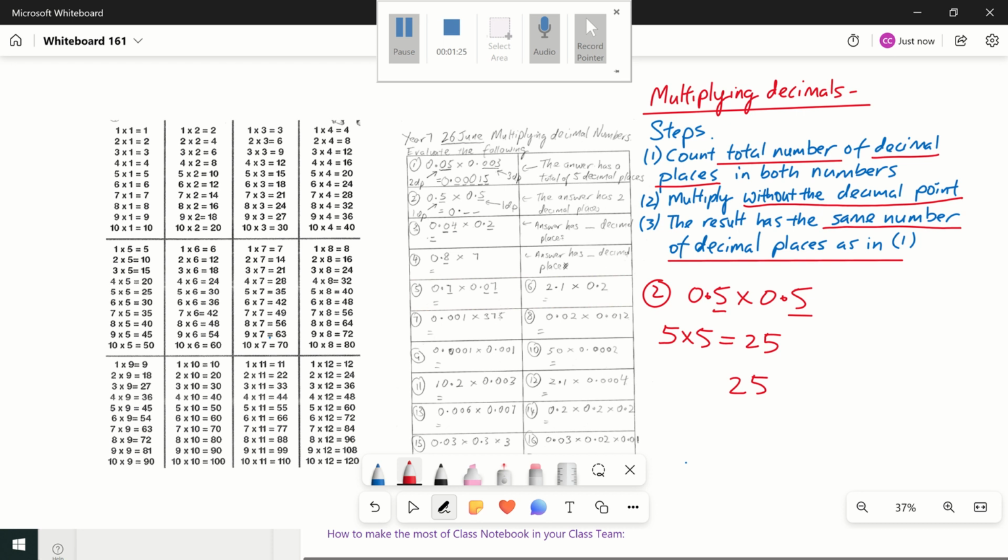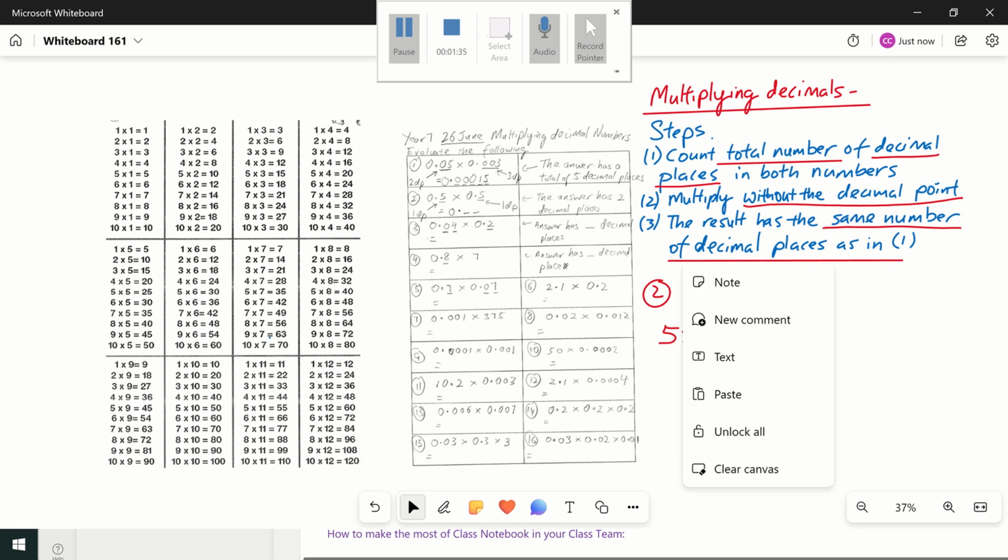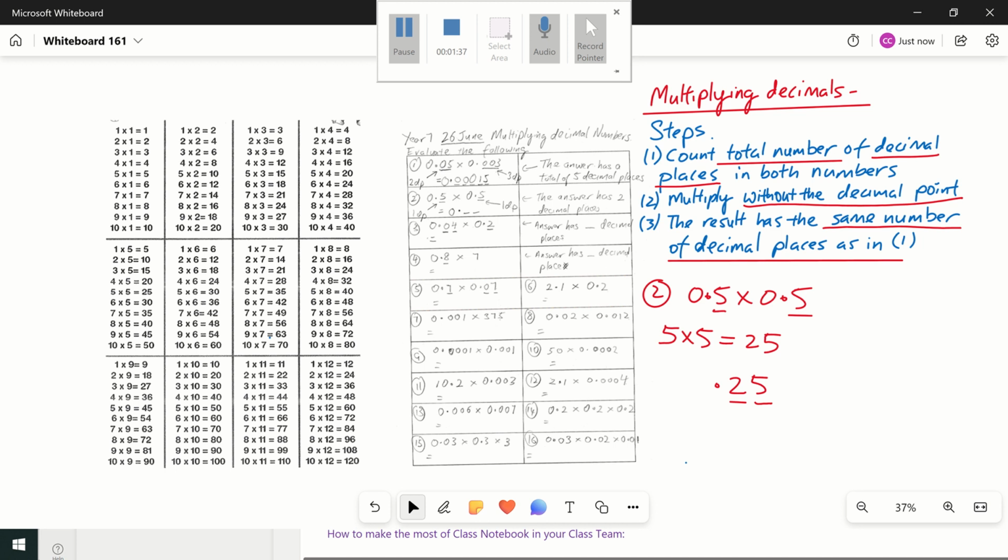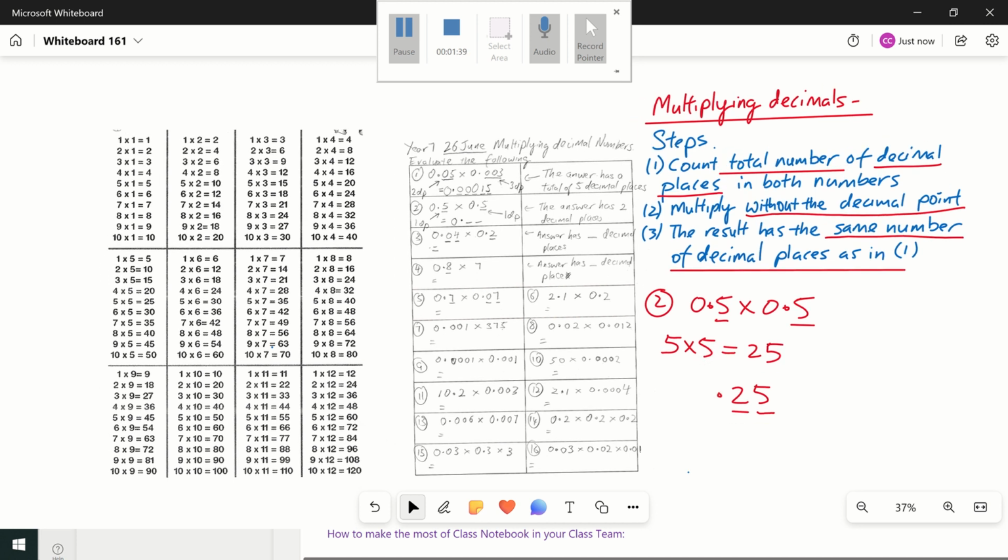So we underline the digits from the right. So there's two decimal places with a decimal point. Right after the decimal point, we have a 0, sorry. There you go. So your answer is 0.25.